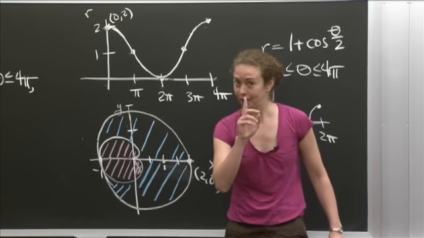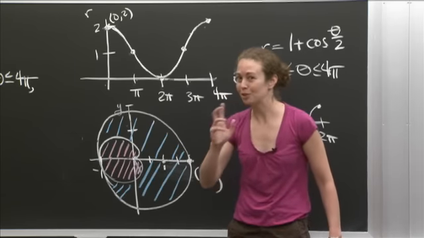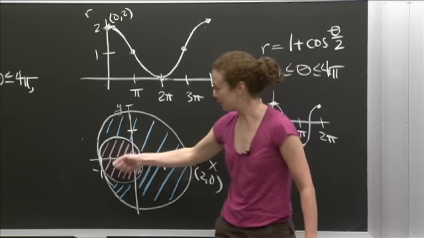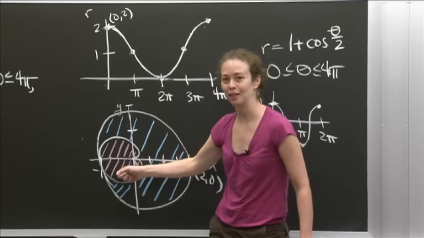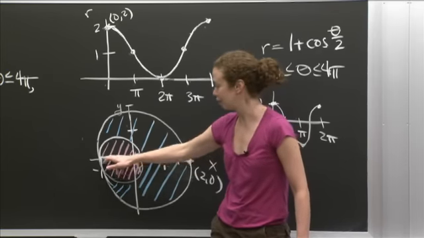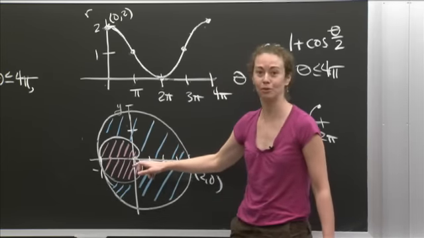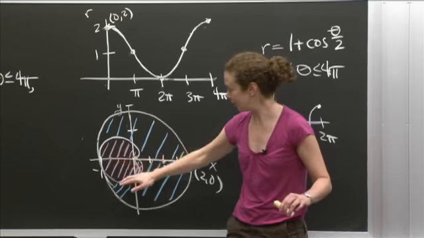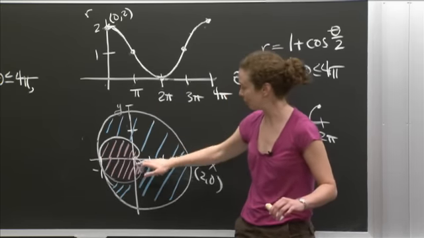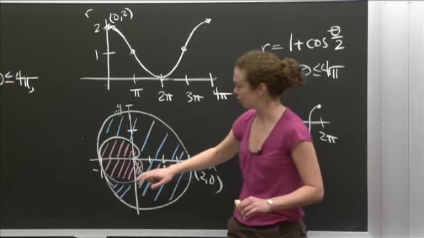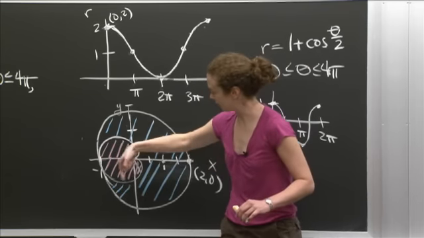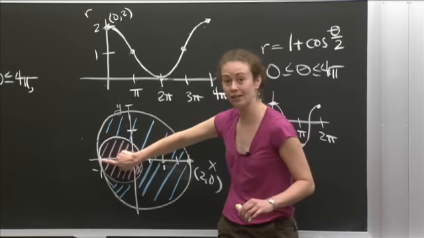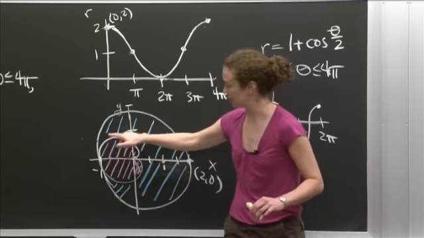Now, if you're paying good attention, you can say, well, Christine, we know that this region is totally symmetric. So why don't I just take the area from pi to 2 pi and multiply by 2? And you can. You can do it either way. You can either take the integral all the way from pi to 3 pi, which corresponds to starting at this angle, going all the way around and coming back to there, which takes you all the way around this curve.